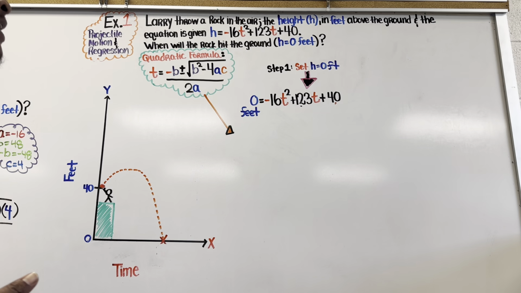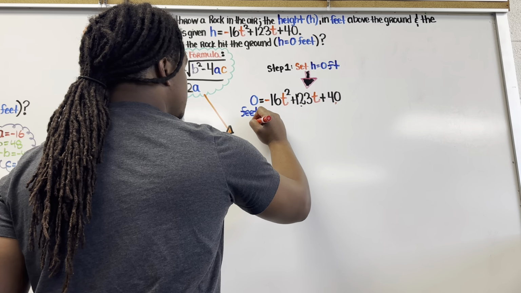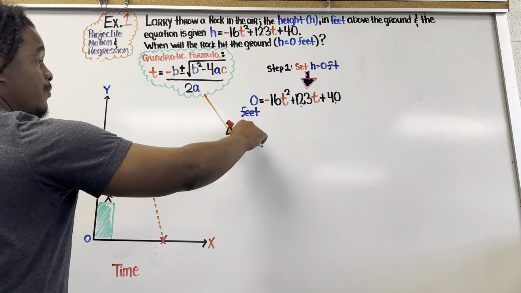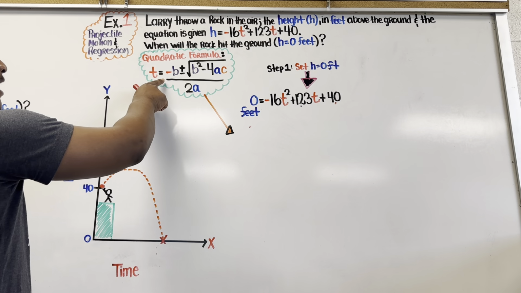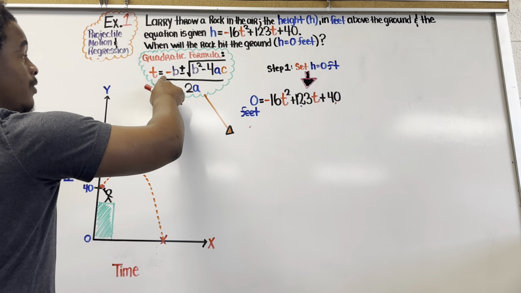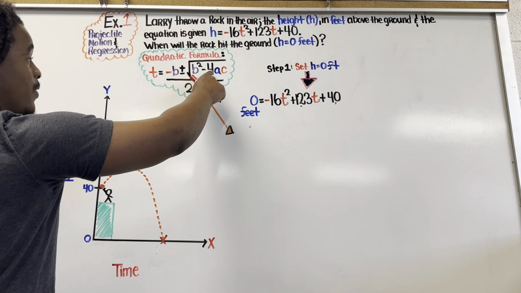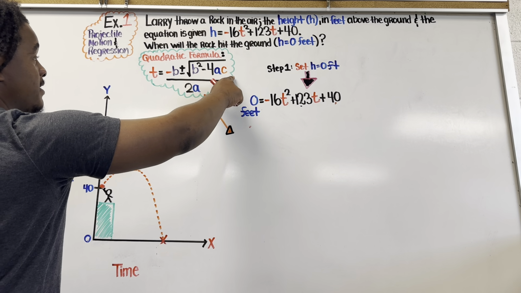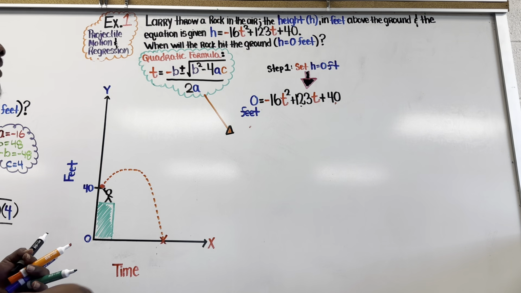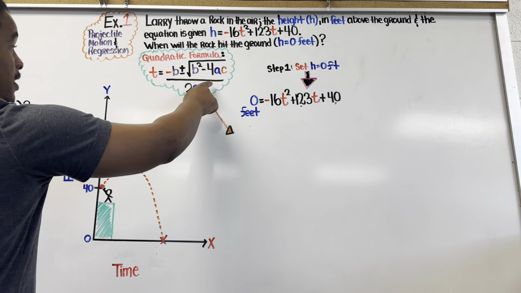To find out the time it takes for the rock to reach the ground, which is 0 feet, we need to follow the quadratic formula, where t, the time, equals negative b plus or minus the square root of b squared minus 4ac, all divided by 2a. So we need to figure out what is a, what is b, what is negative b, and what is c.